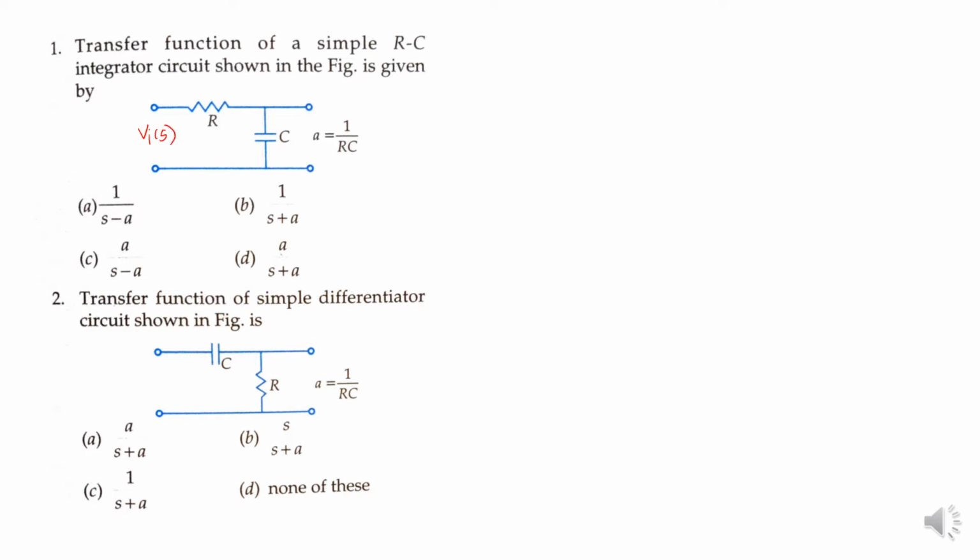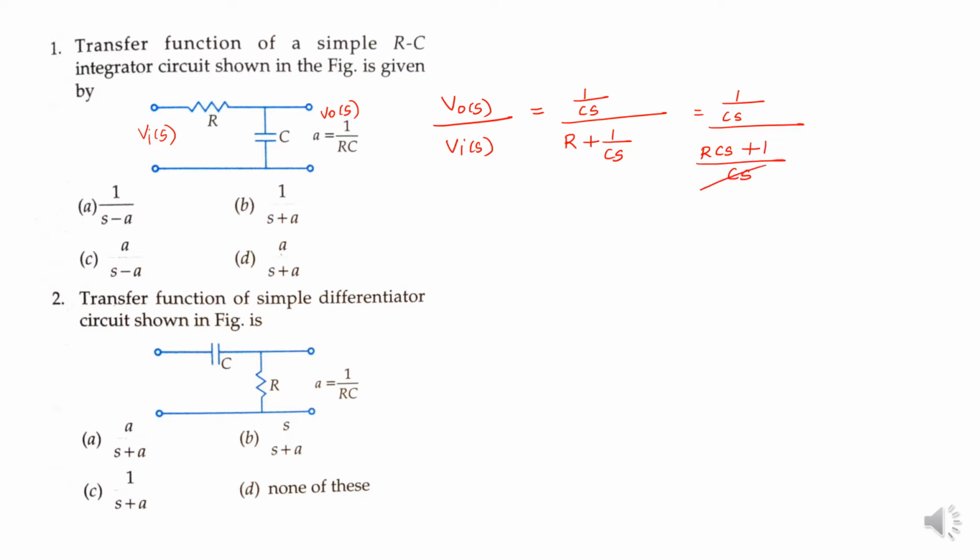Here Vi of S and V naught of S. V naught of S divided by Vi of S equal to 1 by Cs divided by R plus 1 by Cs, that is 1 by Cs divided by RCs plus 1 divided by Cs. Both Cs get cancelled. 1 by RCs plus 1.